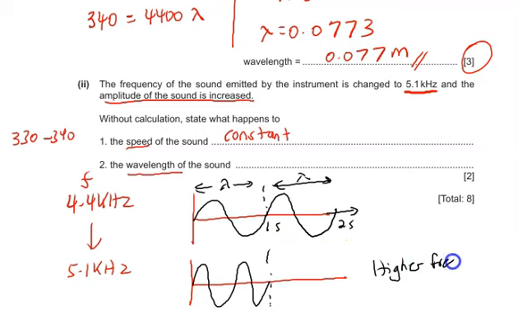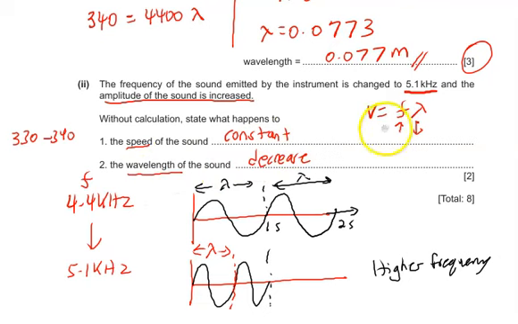You can notice that the size of the lambda, the wavelength, is getting shorter. So when the speed is constant, according to this formula, when the frequency is increasing, the wavelength should be reduced. So you can say the wavelength of the sound decreases. So this is the explanation for this question. So here's 2 marks and the total is about 8 marks. I hope you're okay with this one. So let us move to the next question.